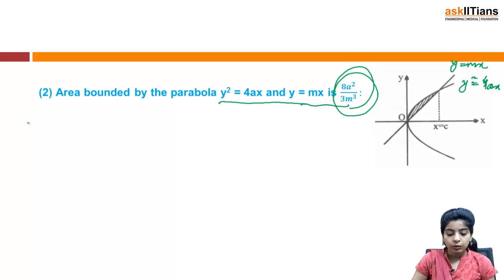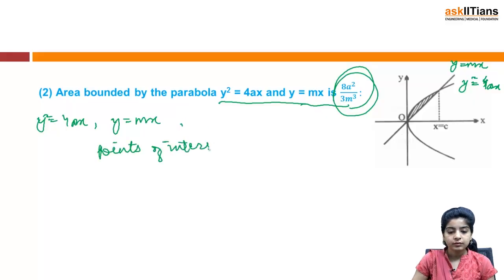Points of intersection, first of all: m square x square equal to 4ax. So x is 0 and 4a by m square.